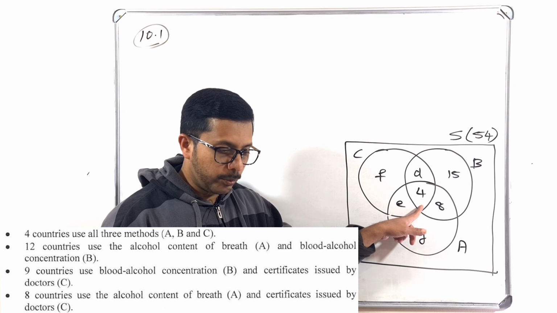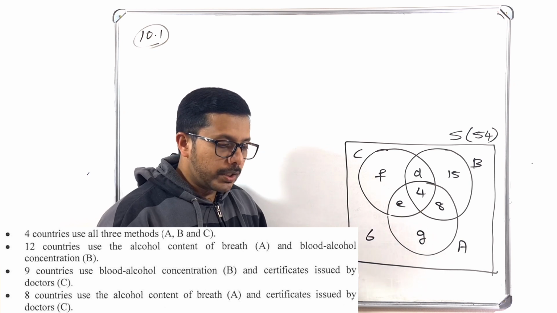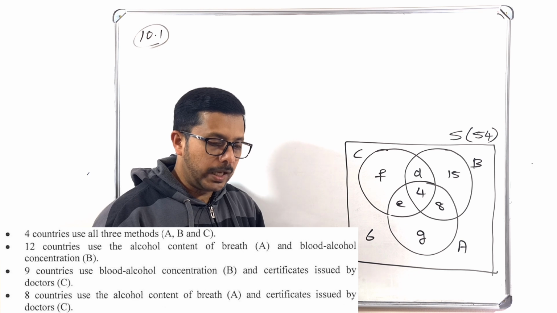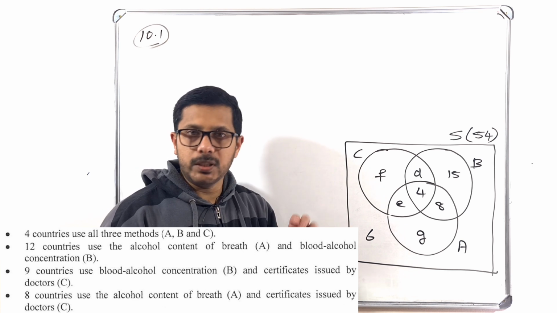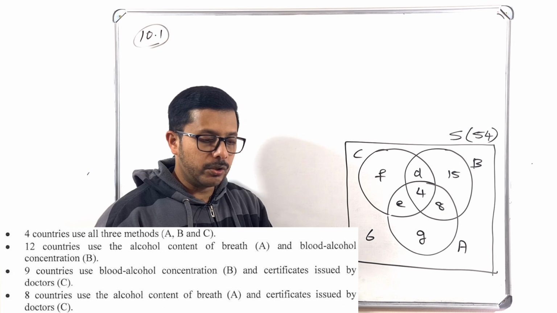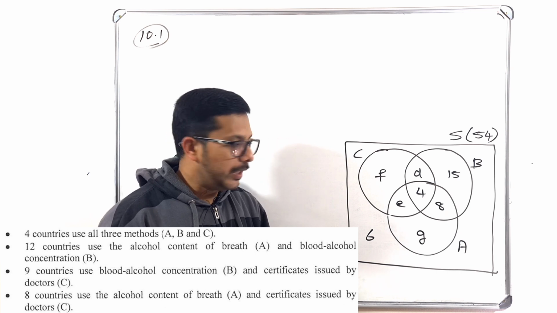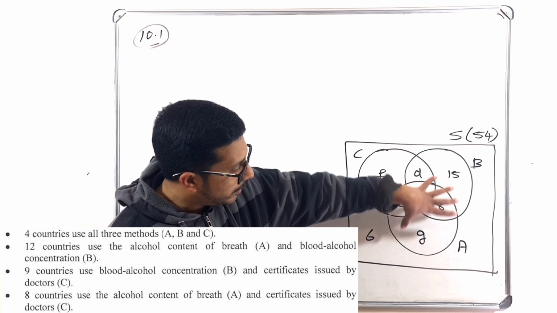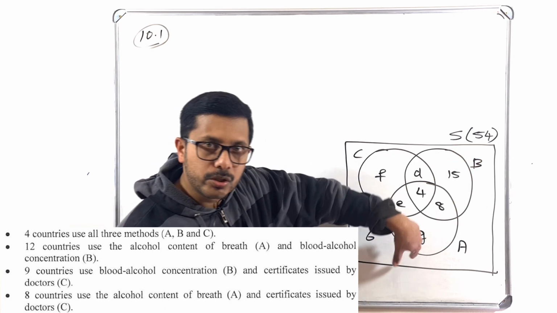Second bullet: 12 countries use the alcohol content of A and B. A and B, which circles are there? This circle and this circle, these 2 circles.